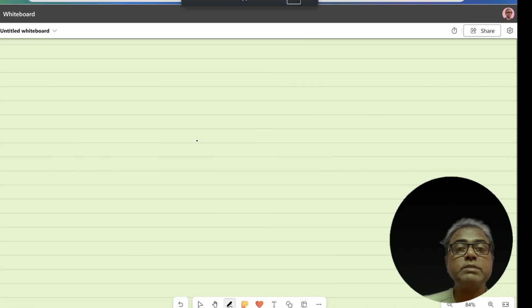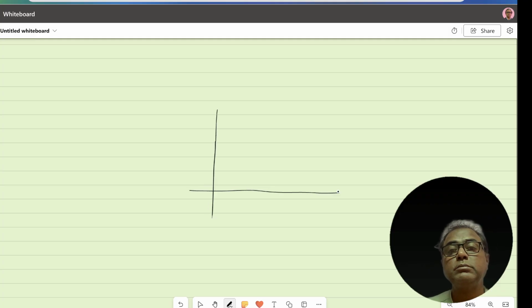In the complex plane, this is the x-axis and this is the y-axis.